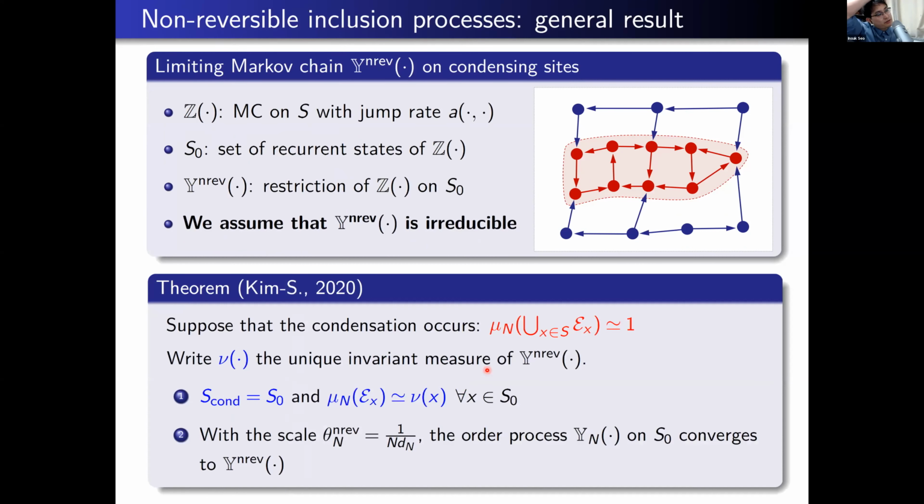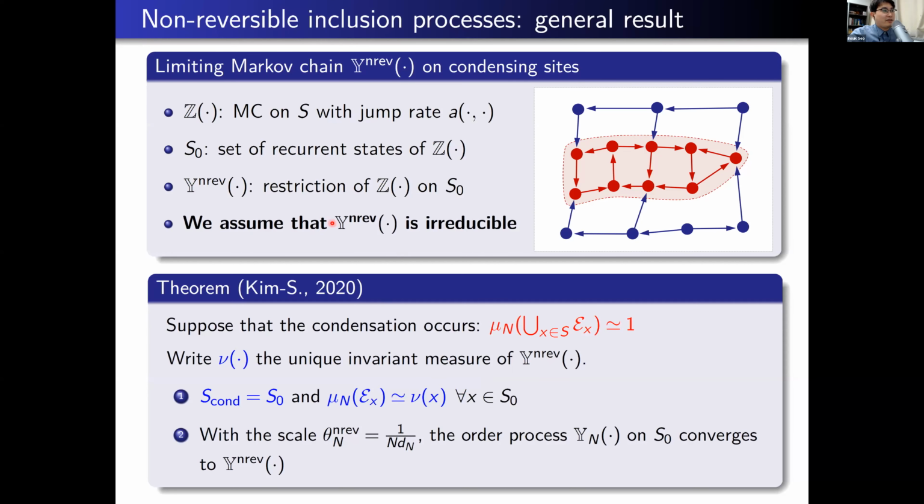So what we showed is the following. If we assume that condensation occurs for the non-reversible inclusion process, then this set S0 is the set of sites at which condensation happens. And we can furthermore find the asymptotic mass of the metastable set in terms of the unique invariant measure for this limiting Markov chain.